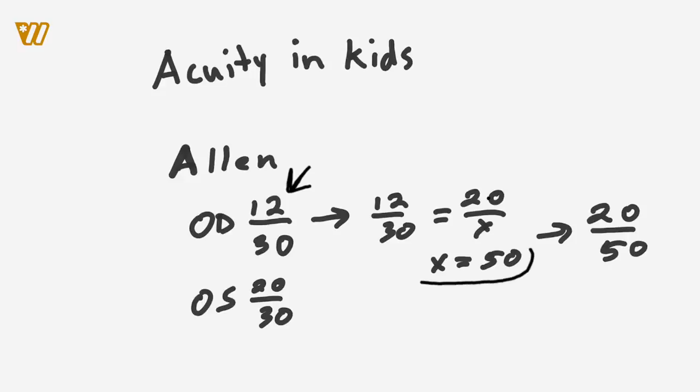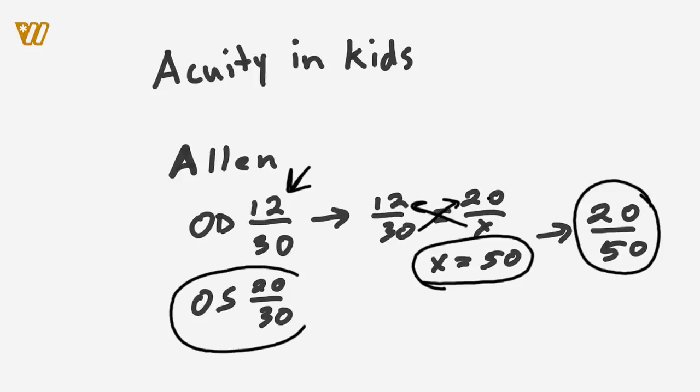So all it is doing is cross multiplying here. What that means is that their equivalent vision at 20 feet would be 20/50. So that's the trick. Now on the left eye, they're already at 20 feet, so that means they are 20/30 vision. There's nothing you need to do to convert that to our standard notation.